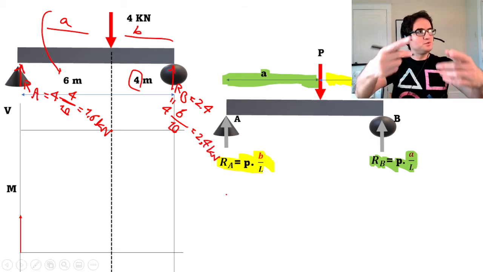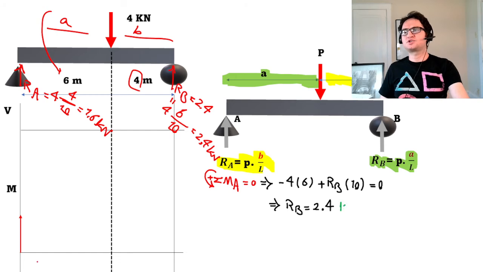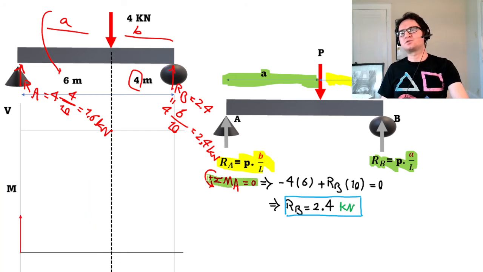And if you don't want to go this way, the easier approach is just a normal condition: summation of moment about any support equals zero. It says the force of 4 times the length of 6 meters should be cancelled out by Rb times 10, which is the total length.